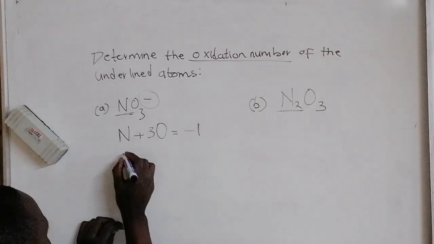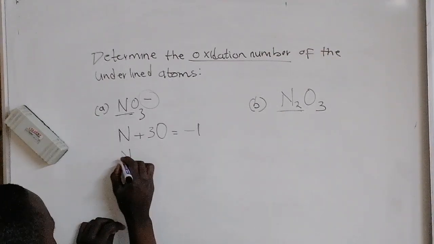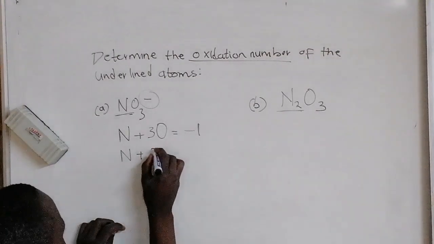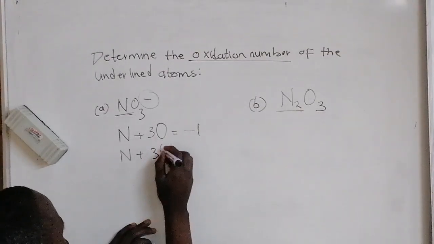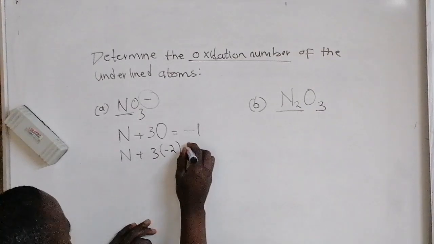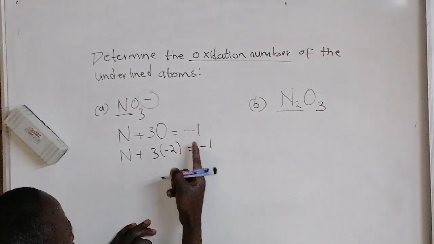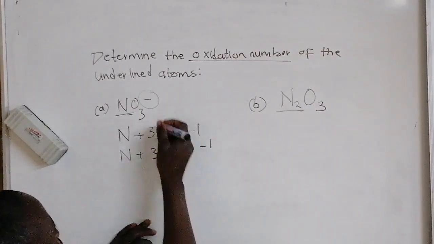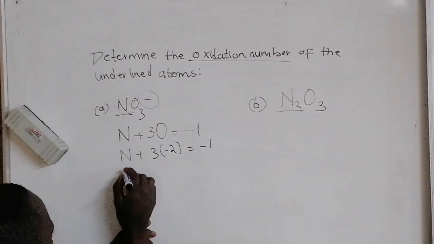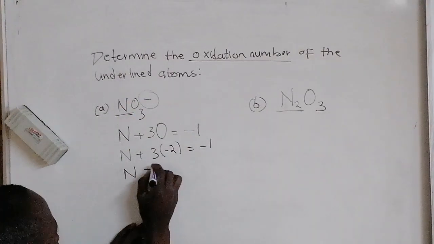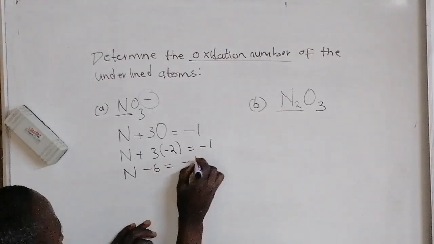Then we'll say nitrogen atom plus 3. We know that whenever an oxygen atom is combined with other elements, its oxidation number is always -2. So we put -2 here, equal to -1. Where are we getting this -1 from? It is the net charge. Then we say N minus 6 equal to -1.